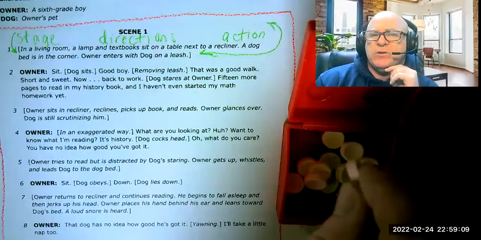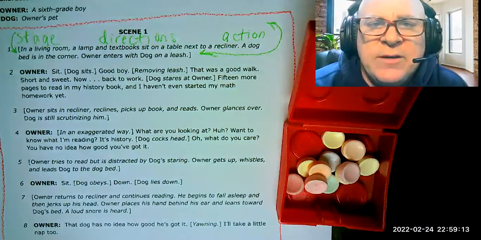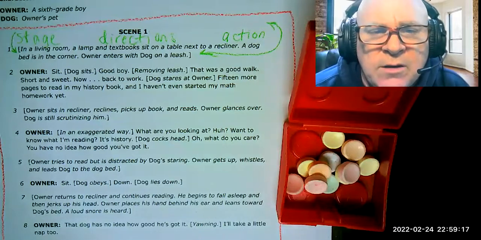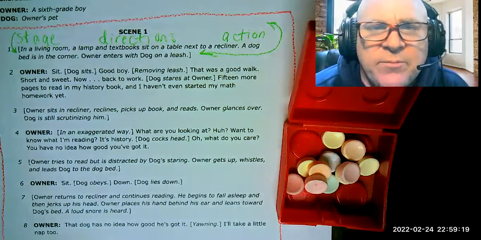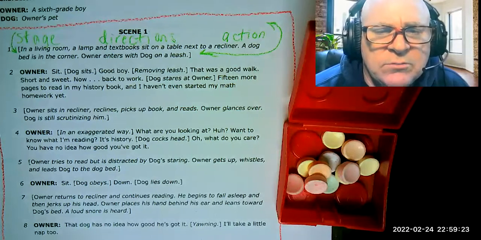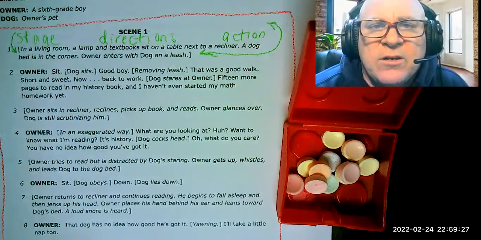Dog is still scrutinizing him. Apparently, still scrutinizing must mean staring, because it already told me in some earlier stage directions, I think the previous one, that the dog is just staring at the owner, like I'm staring at you.